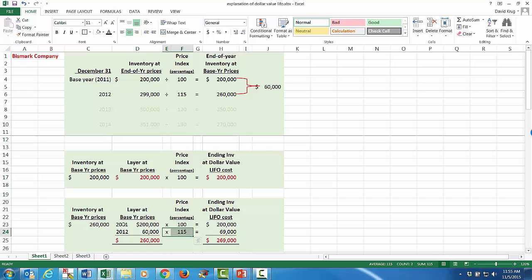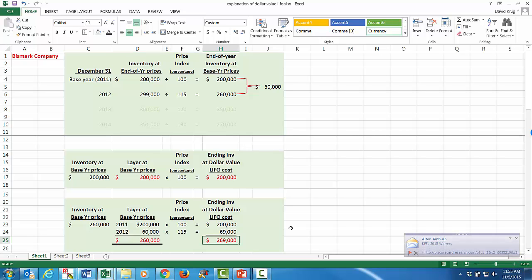So once we do that, we have that layer that we computed, and now we have this layer that we computed. Our ending inventory at dollar value LIFO cost would now be $269,000. This is the amount of inventory that we report on our financial statements and in our tax return.